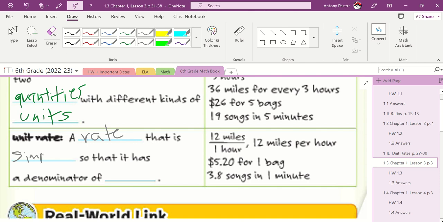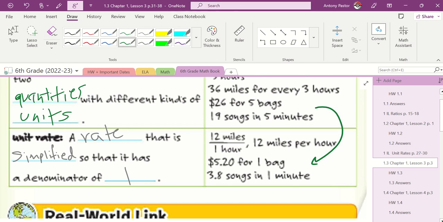Simplified so that it has a denominator of 1. So 12 miles per hour, $5.20 per one bag, 3.8 songs in 1 minute. We actually simplified those down here. So that is a unit rate.